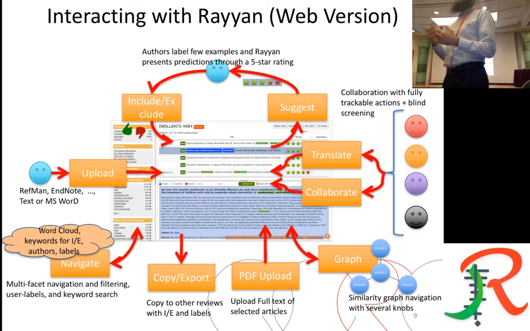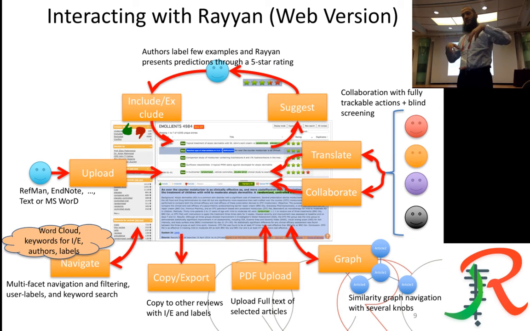And then you invite people to collaborate with you, so there might be multiple people working on the same review. And as you work on Rayyan, you use all the facets that we are going to go through on the left to zoom in to the things that you want either to exclude or to include.